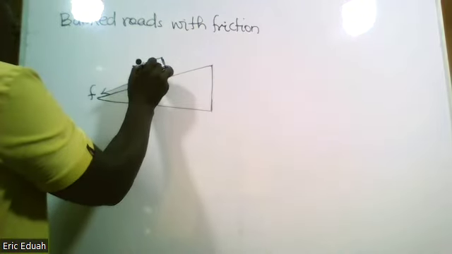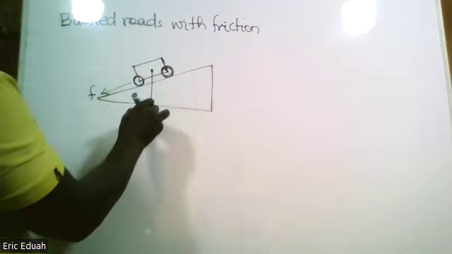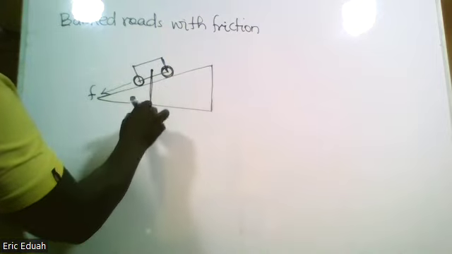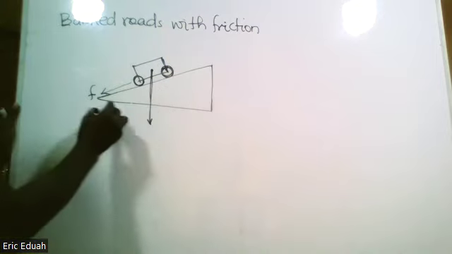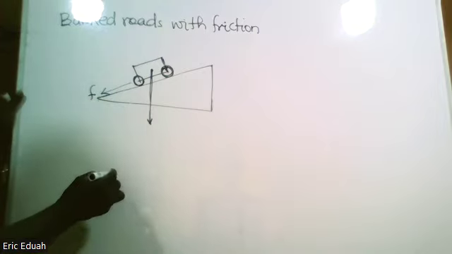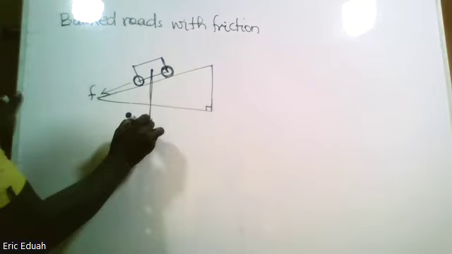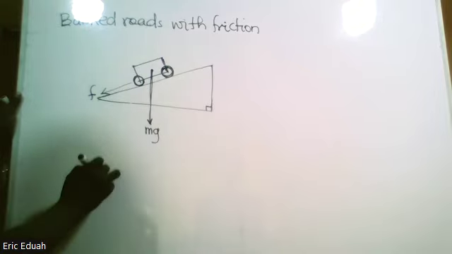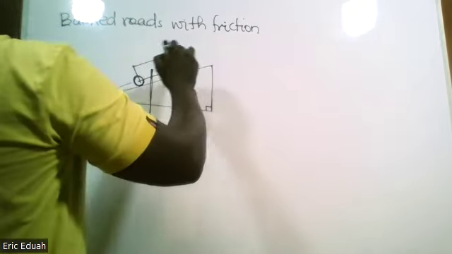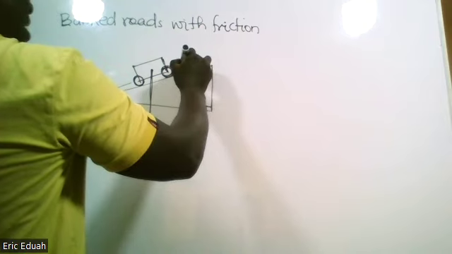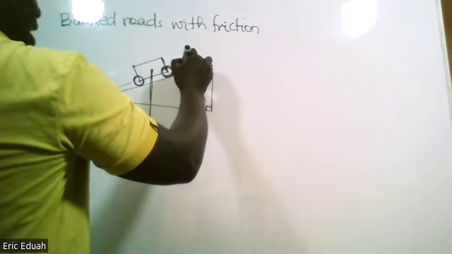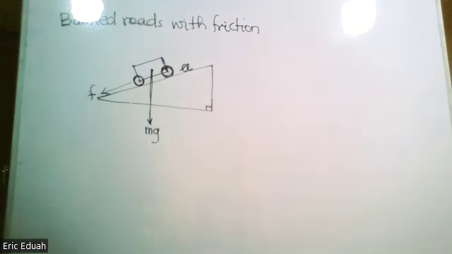The weight of the car is always perpendicular to the ground on which the plane lies. So mg. The coefficient of static friction, which describes how rough or smooth the surface of the road is, is mu.